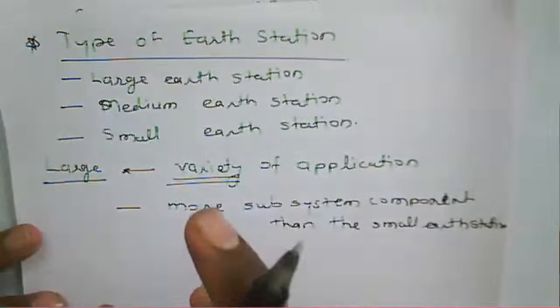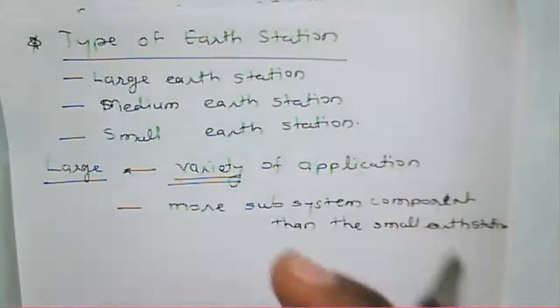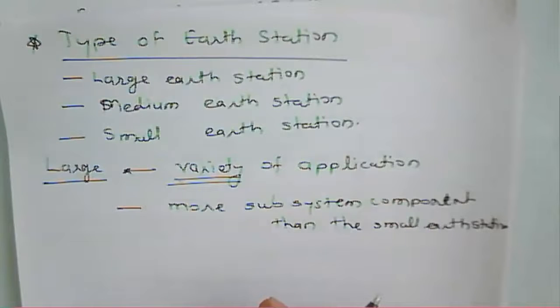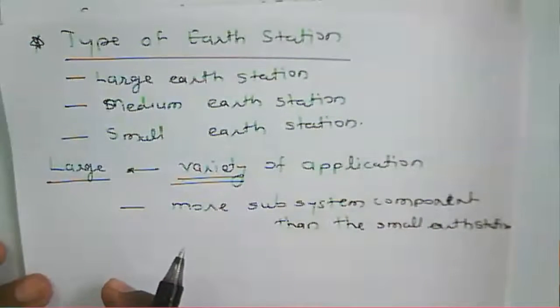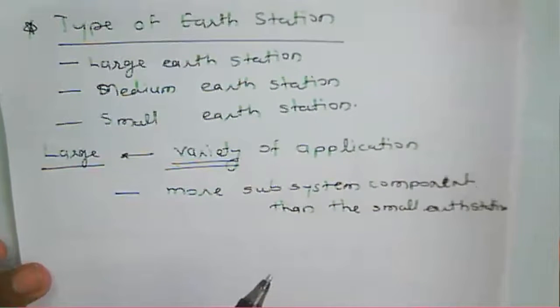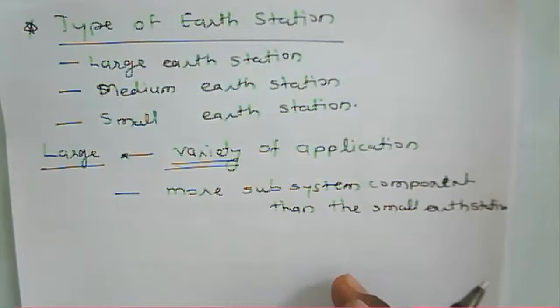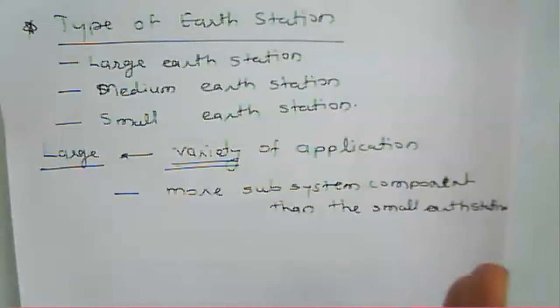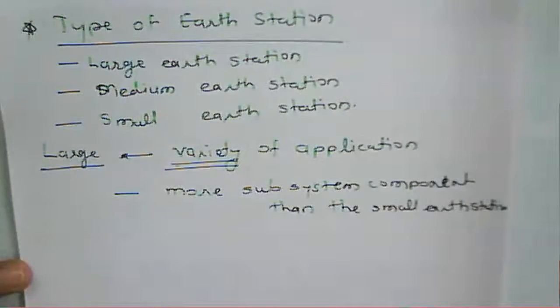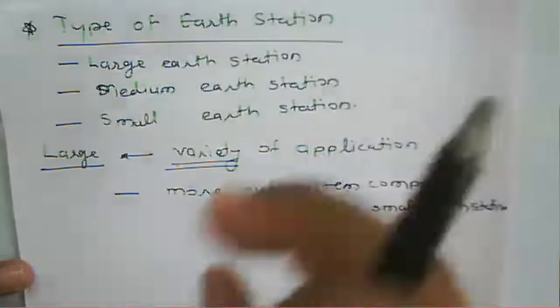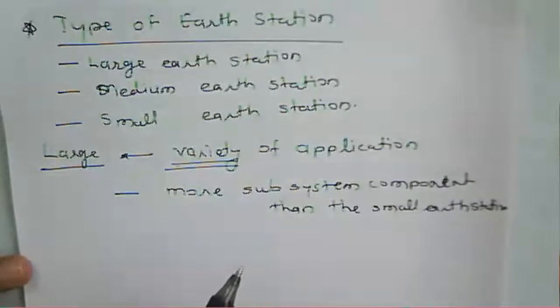And since the size of the antenna is large, this earth station has a fixed structure to support the large antenna. And again, it has a control system, or a control room, for controlling the variety of applications.